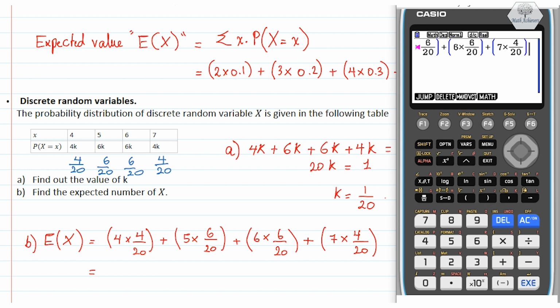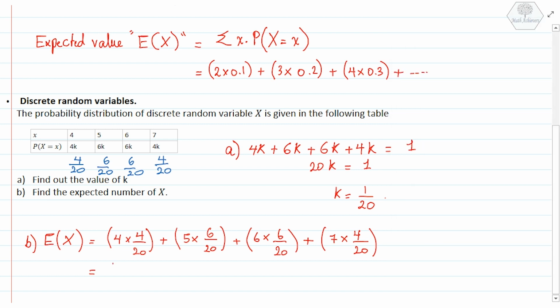And this value would be equal to 11 over 2. So the expected value of x is simply equal to 11 over 2, which is equal to 5.5.